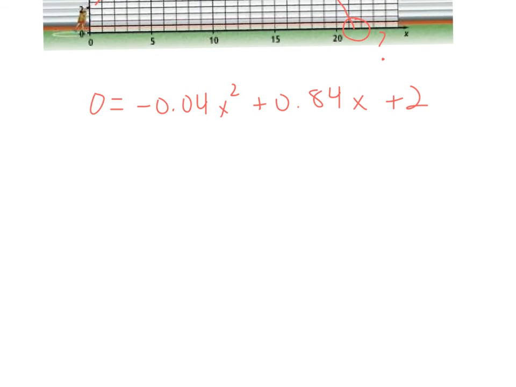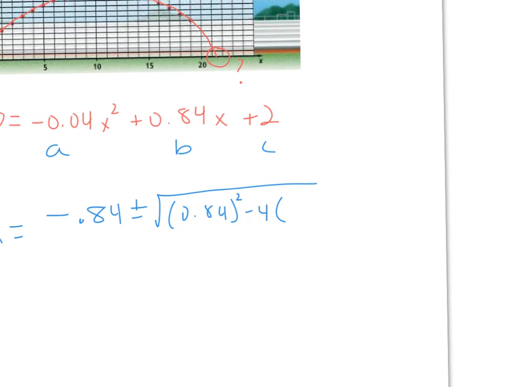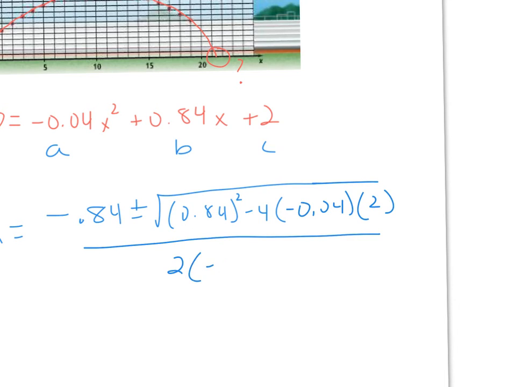All right, so now start your A, B, and C. So x is the opposite of b, so -0.84 plus or minus the square root of 0.84 squared minus 4 times a times my c value, which is 2, all over 2 times a, which is -0.04.